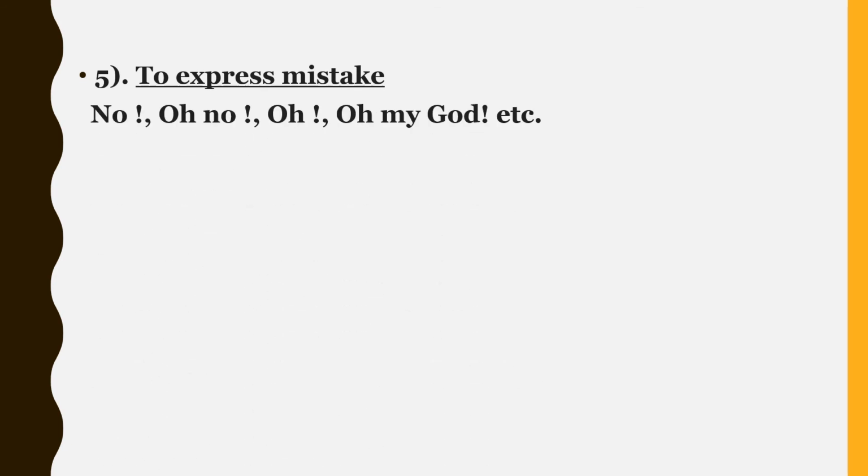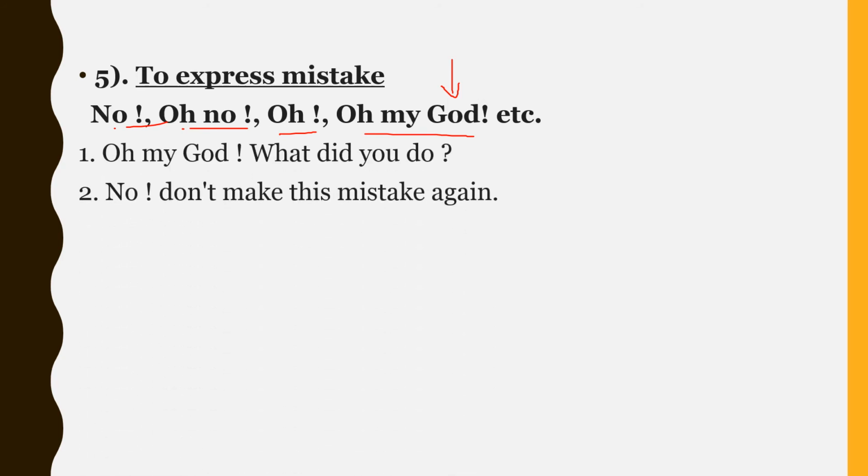Next type, to express mistake, we use words like no, oh no, oh, oh my God. Oh my God can be used in different expressions; it just depends on what your feelings are. Here are two sentences. "Oh my God, what did you do?" "No, don't make this mistake again." So interjections can be used to express mistakes also.